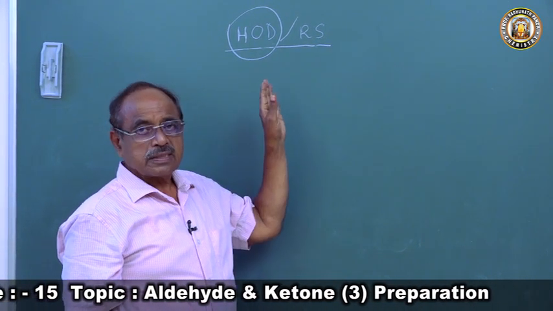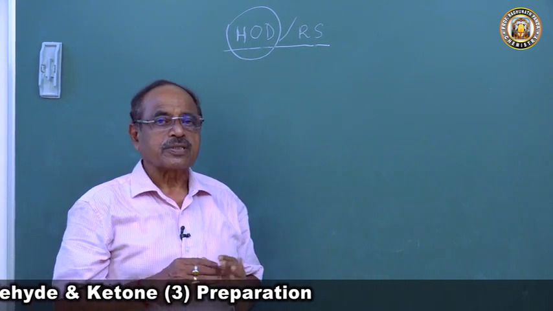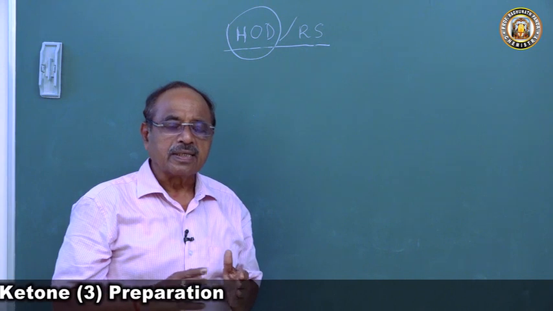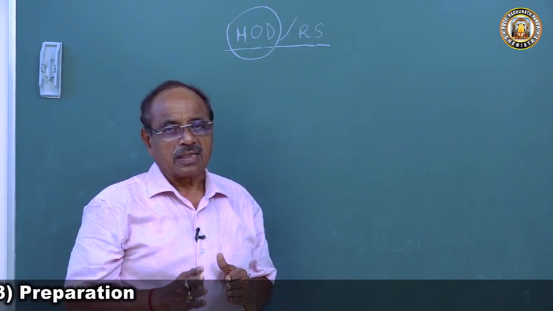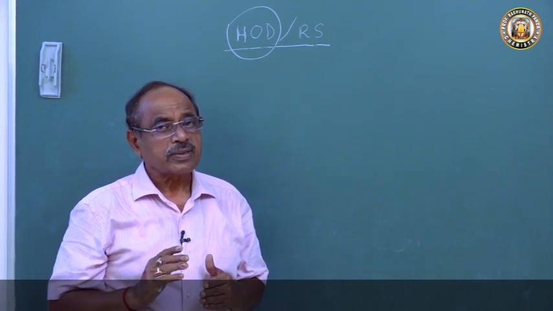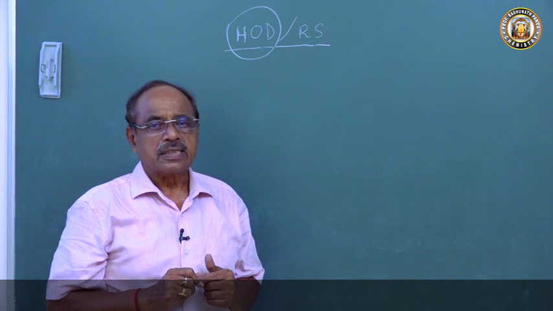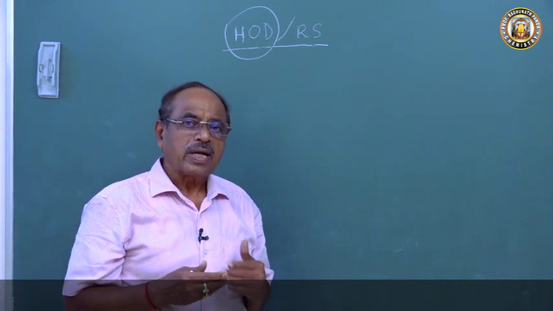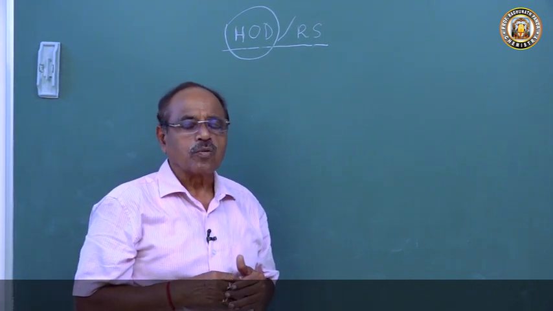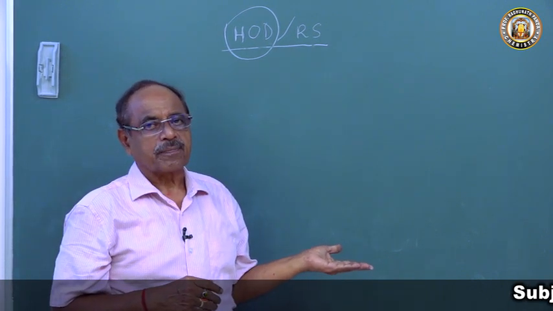So of the 6 methods of preparation, the 5 methods I have told you we have done in alkene, alkyne and alcohol. So whenever you are coming to a new topic, a new subject in organic chemistry, it is as good as we are revising what we have read in our earlier classes.